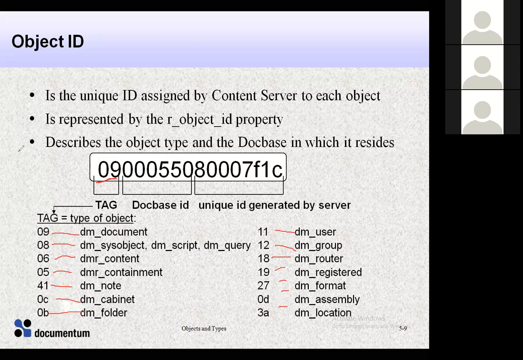Let's say you see some ID in that error in the logs, like 08 something. Now you know the object ID, so you can tell what exactly the issue is: the issue is the workflow, the issue is the user, the issue with the document, or the issue with the sys object, or like this. Are you getting my point?